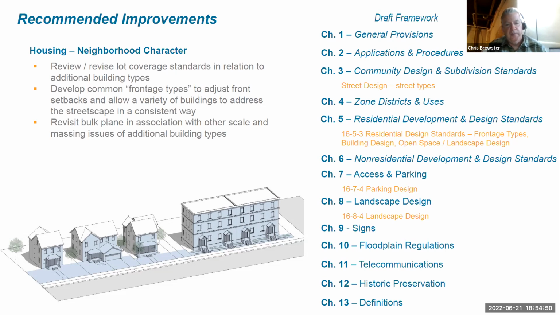So we do think, particularly when we start to mix a range of building types in some districts, like you do a little bit in the R2 districts, but you certainly do in the MUR3 districts, when you're starting to mix building types, having a common frontage, and by saying that, I mean a common way that the building relates to the street.